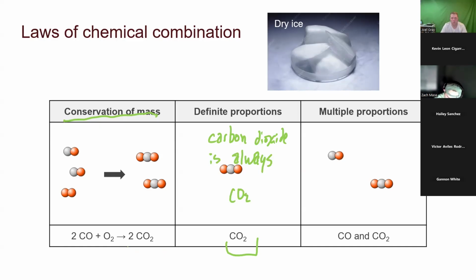It's nothing else. It's always CO2, whether you have 1 gram of it, 1 molecule of it, a million grams of it, or a million molecules of it. You have the law of multiple proportions, which says carbon monoxide and CO2 are two different ways in which carbon and oxygen can mix together to produce different compounds.